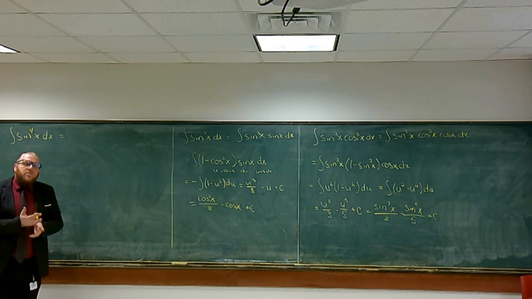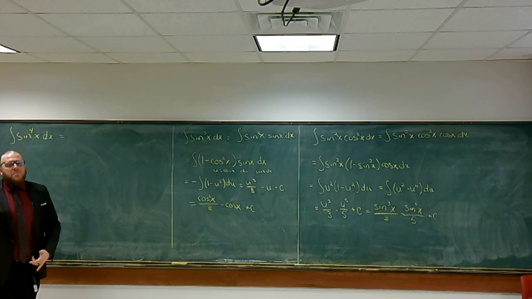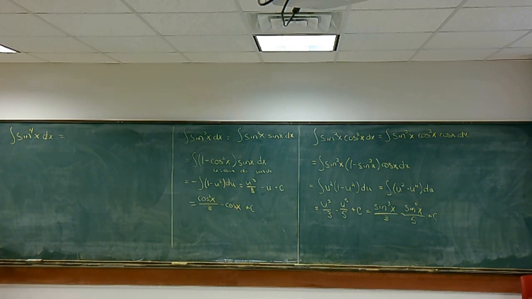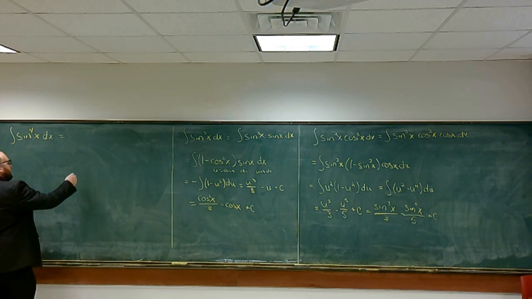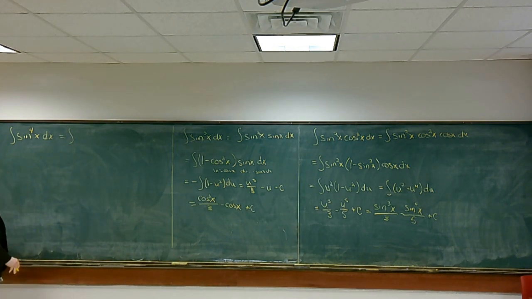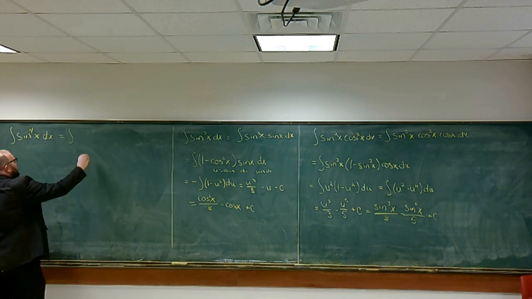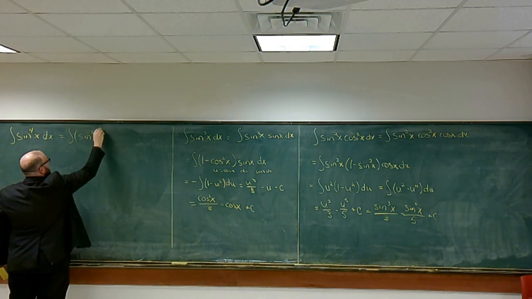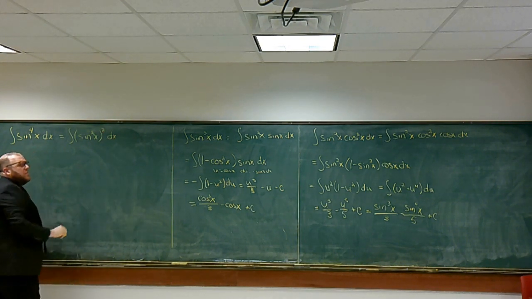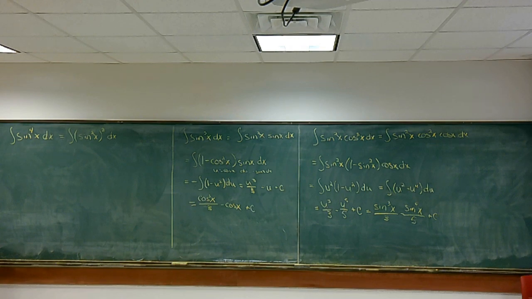Integration by parts again would work. You could let u be sine cubed, dv be sine. But sine to the fourth, isn't that sine squared squared?